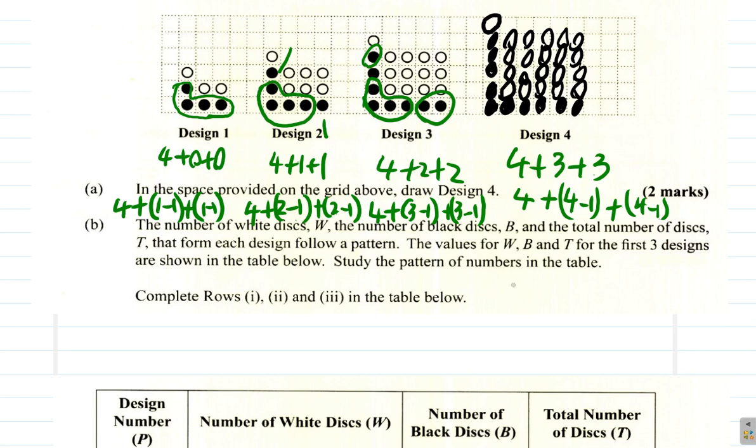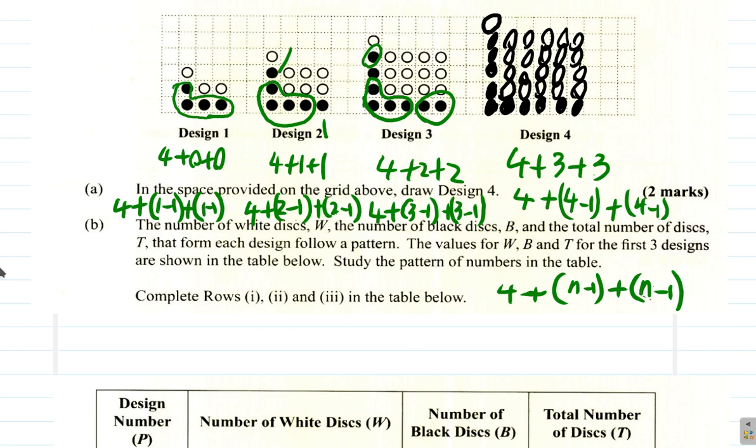From this pattern, I can bet you that the number of black bars, the black disk, is given by 4 plus design n would be n minus 1 plus design n, again, n minus 1.